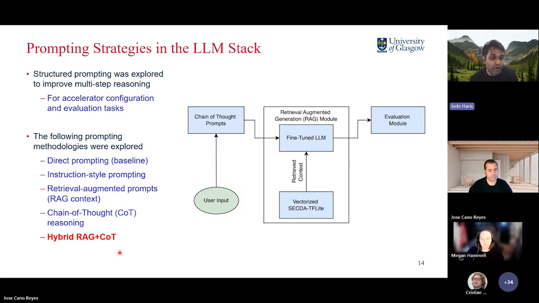We finally realized we want both RAG to have that context of SECDA and previous designs, but also chain of thought to have more complex designs without having a larger model to work with. So we went with a hybrid RAG plus CoT based approach for this.